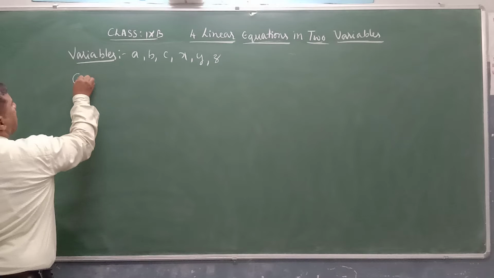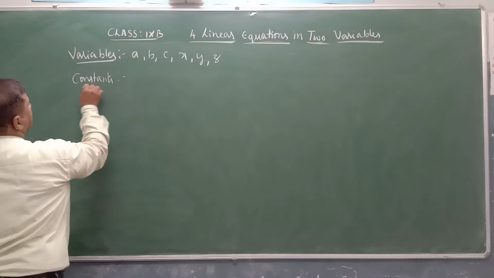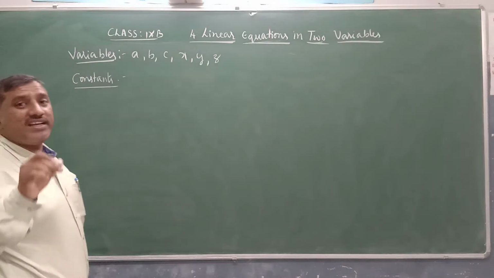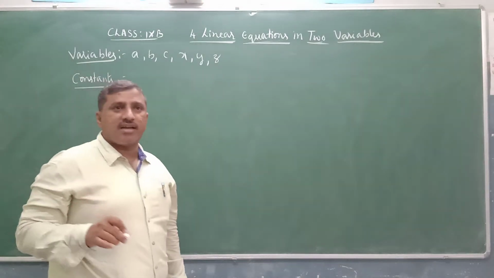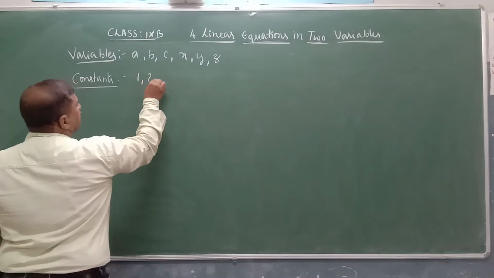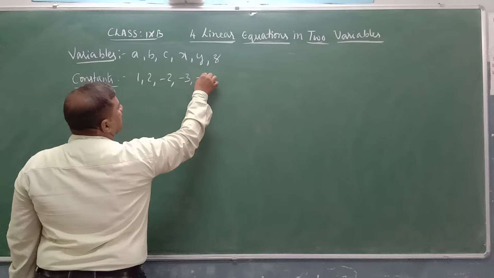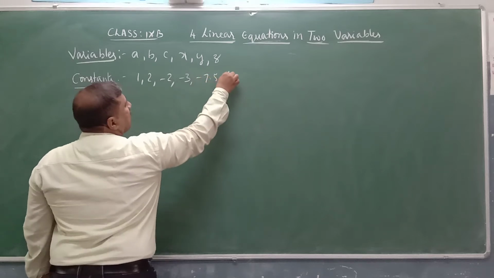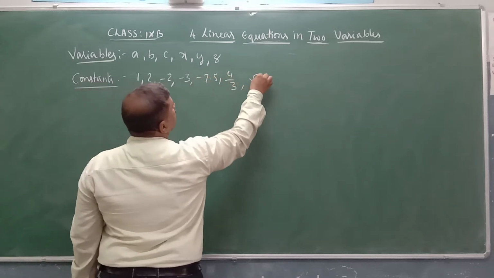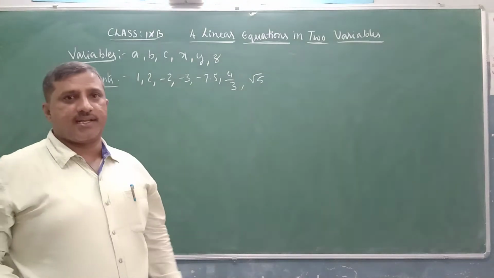And then we have constants. Constants are the numbers which have a fixed value, like 1, 2, -2, -3, and then -7.5, 4/3, √5, etc. All these are constants.